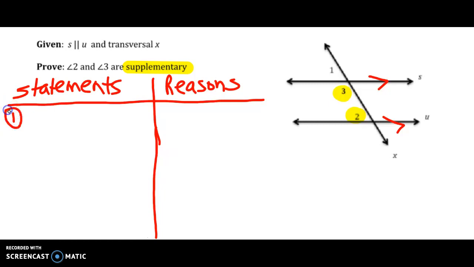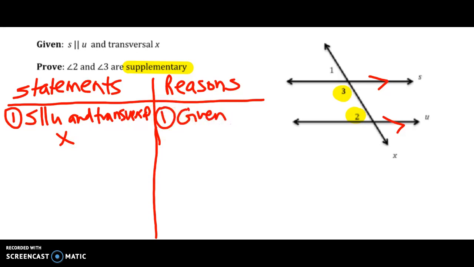However, we have our two columns. S parallel to U and transversal X is the given information, and since it's still a proof, that still goes in our first place. Alright, so I can say that angle 1 and angle 3 are a linear pair.